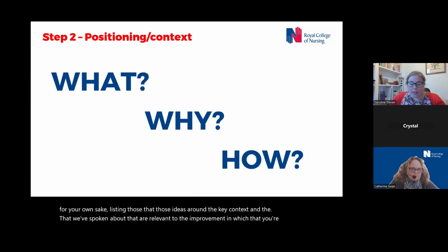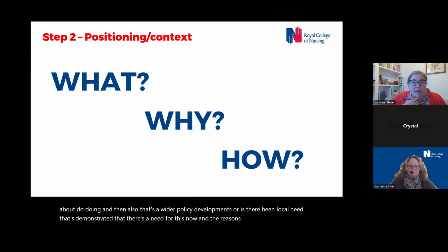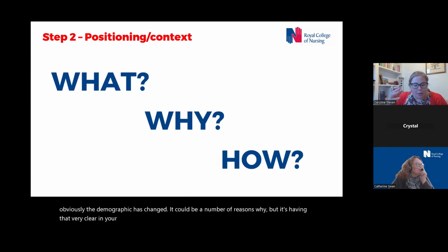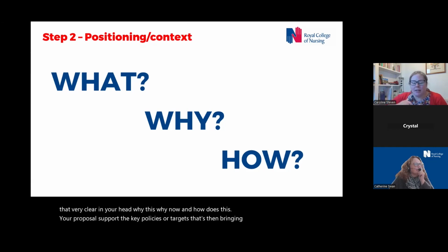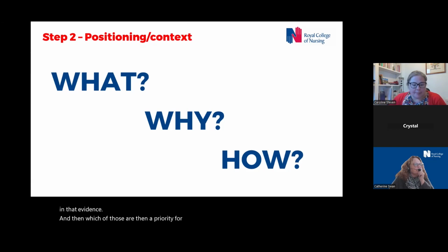Also consider wider policy developments, or local need that demonstrates a need for this now. The reason could be that the demographic has changed. It could be a number of reasons, but have it very clear in your head why this, why now, and how your proposal supports the key policies or targets. That's bringing in the guidance and the evidence, and which of those are a priority for your project.